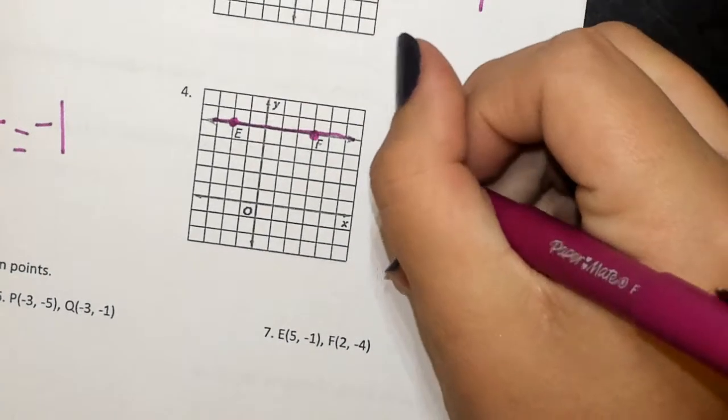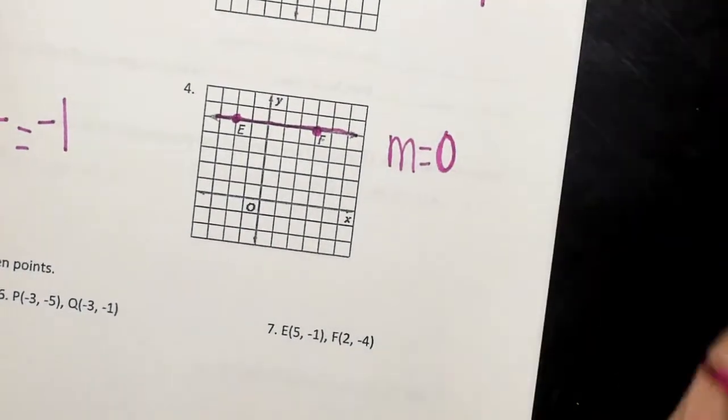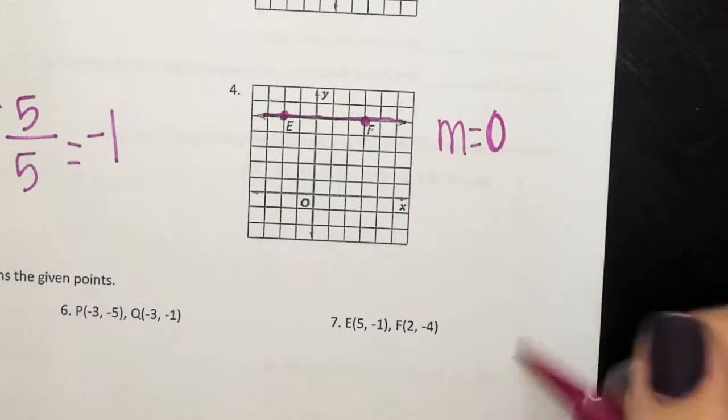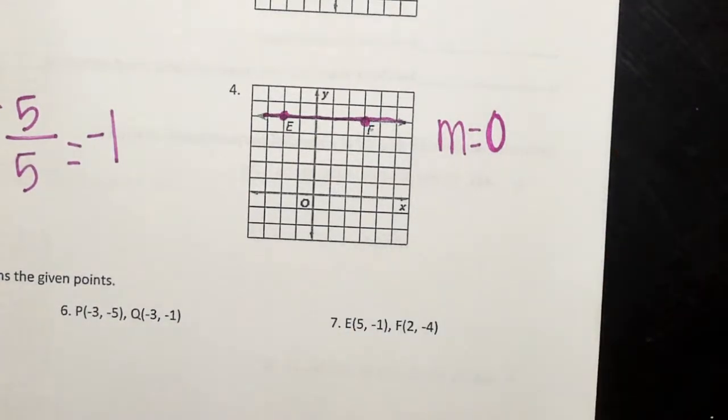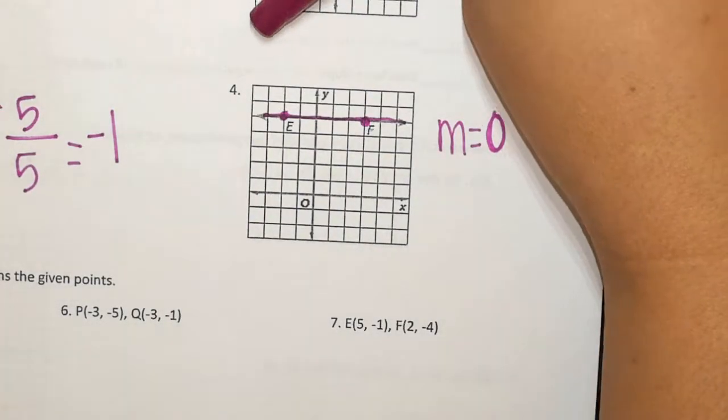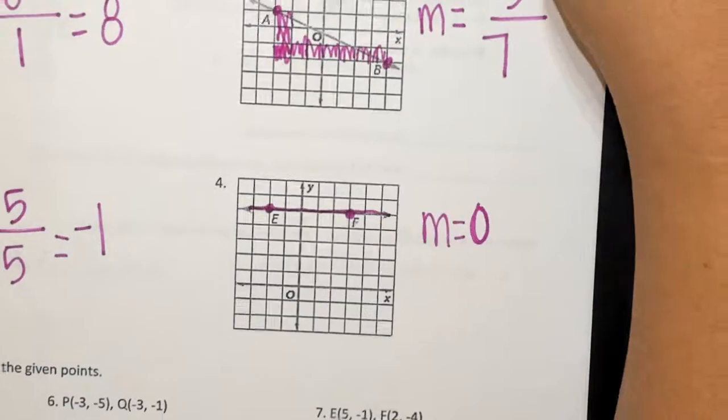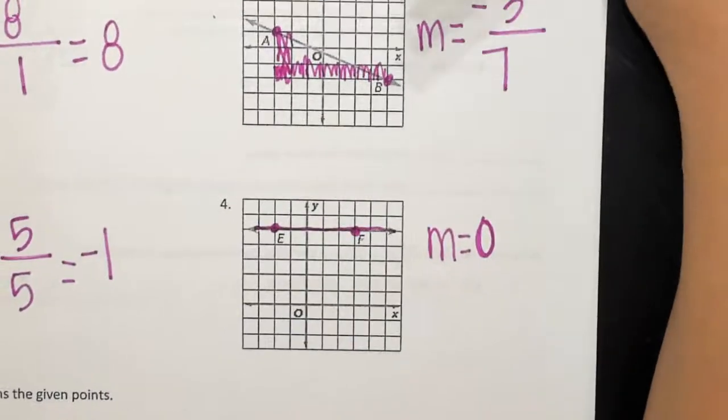So what kind of slope is this? 0. Don't tell me I don't try to incorporate this into real life. You're going to be watching Grey's Anatomy and somebody's going to die, and you're going to be like, oh, 0 slope.